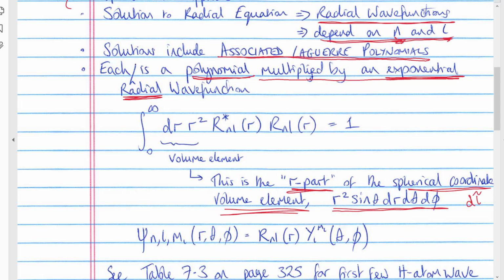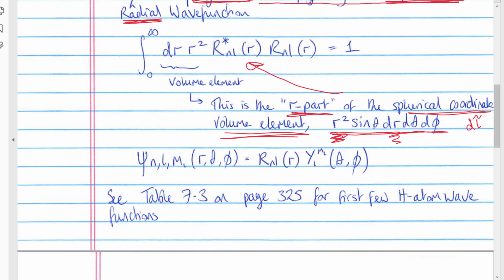So when we just consider the r parts, that's this r squared term and the dr term in here, and it's those pieces that find their way into the integral that I've just described. Of course, the wave function itself, we must recognize that we've got this incrementally new wave function, the radial piece, and then we still have this angular piece that will become very familiar to you because we covered it for the rigid rotator.